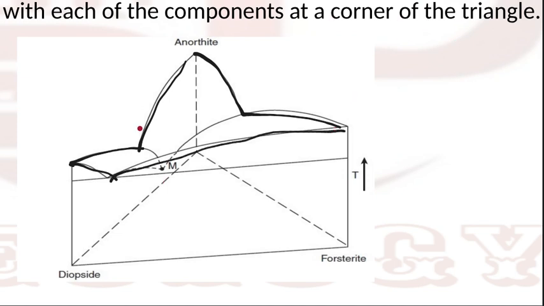These are all extensions of eutectic points, and these are all joined at point M, which is the thermal minimum. Below that everything will be solid. Clear?